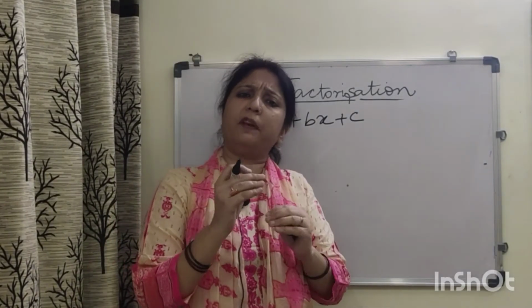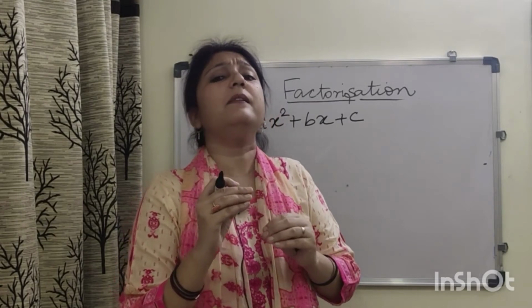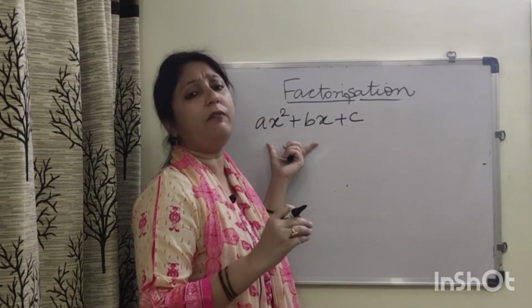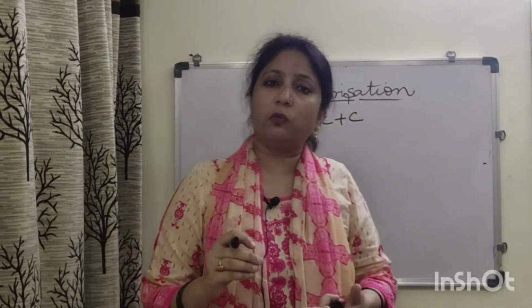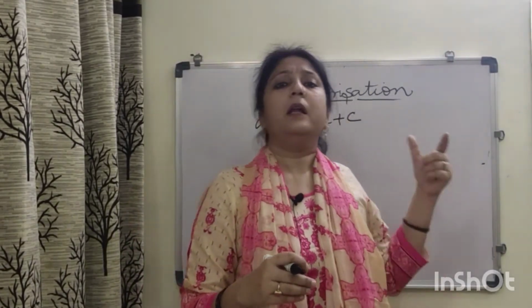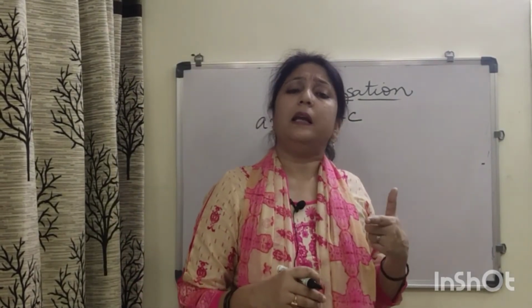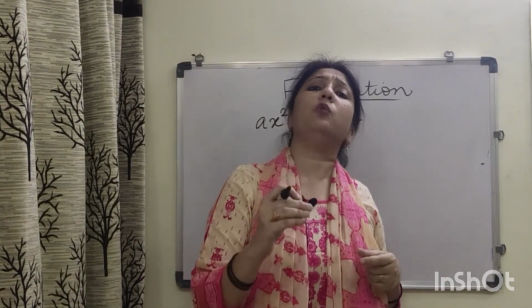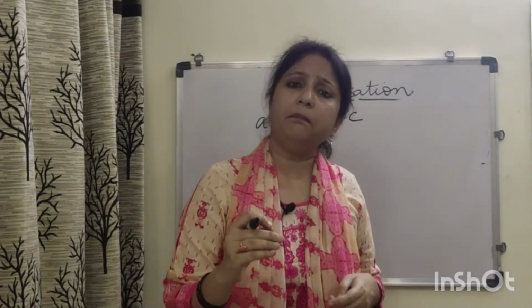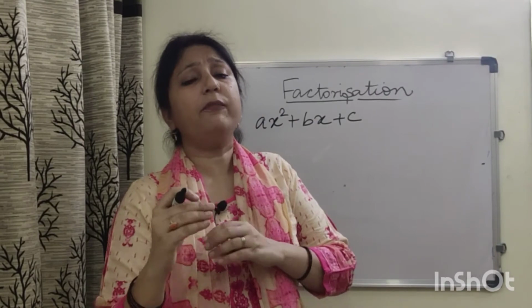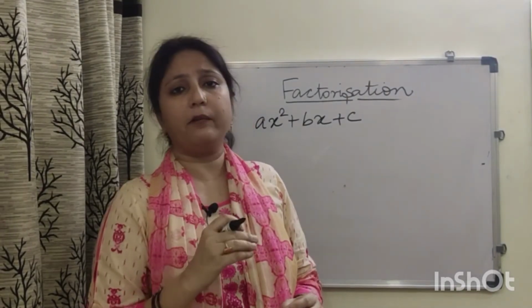Quite similar to the previous one, but there is a big change as the expression has changed. Earlier it was x square plus bx plus c. Now it is ax square plus bx plus c. The method is known as splitting the midterm, same. But how it is different from the previous one, that I would like to tell you.